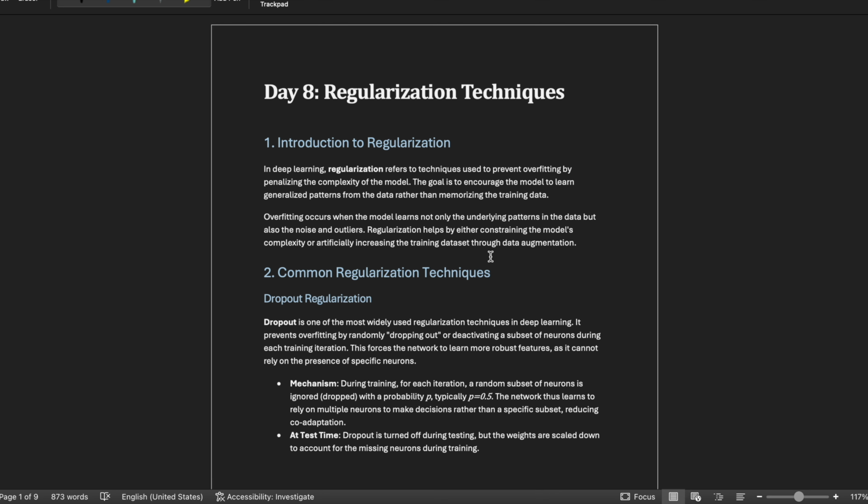So basically, if we are getting an overfit, what measures can we take to avoid overfitting? I will type it in the notes.